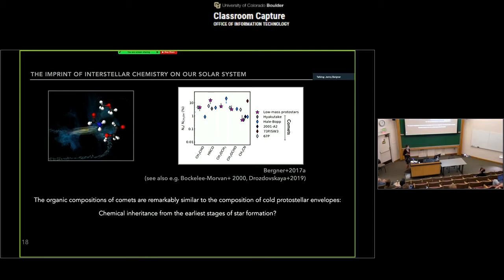We also have evidence coming from isotope ratios and other independent lines of evidence suggesting that at least in part there is some chemical inheritance from the earliest stages of star formation that was delivered intact through to the formation of icy bodies in the solar system.